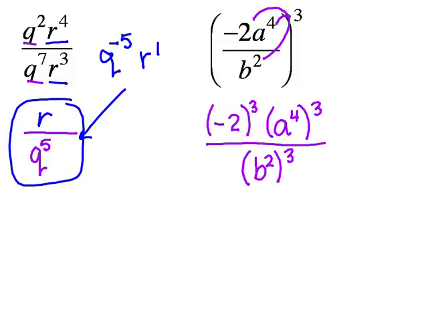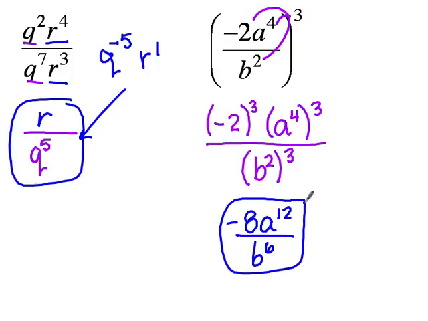So what is negative 2 cubed? Negative, negative, negative. So negative 2 times negative 2 times negative 2. Negative 8. What do I do with the 4 and the 3 here? Multiply them. And what do I get? To the 12th over b to the 6th.